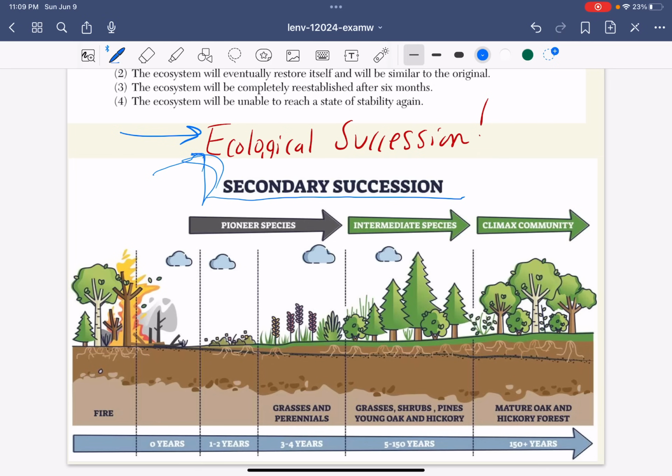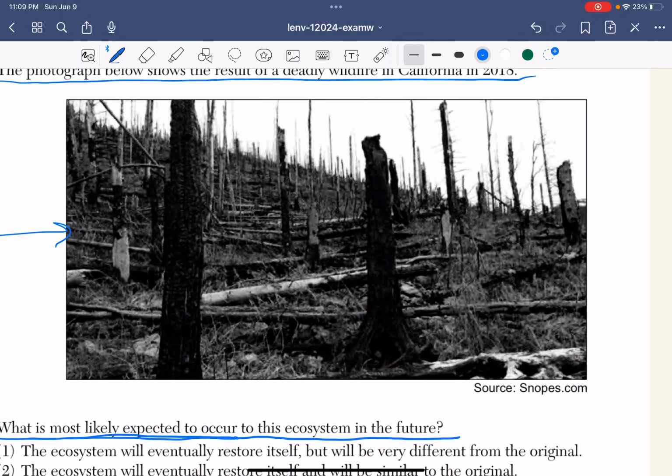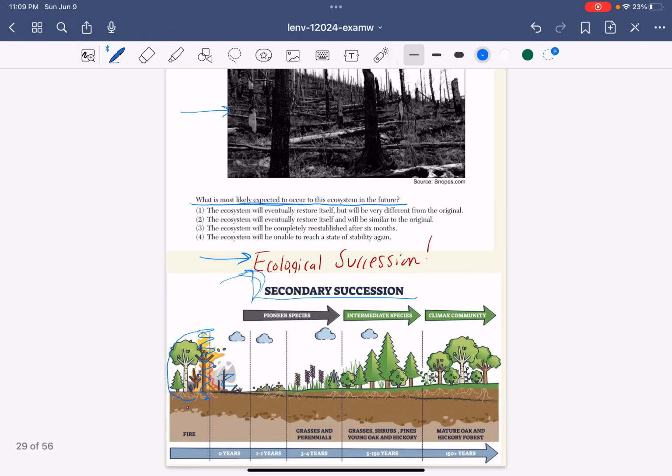Okay. If you already have a lush forest and there's a forest fire, and then you get what looks to be a horrible destroyed forest in this picture, eventually, over time, you are going to get a regrowth of the forest back. Because even though the fire happened, you are still going to have what's called pioneer species.